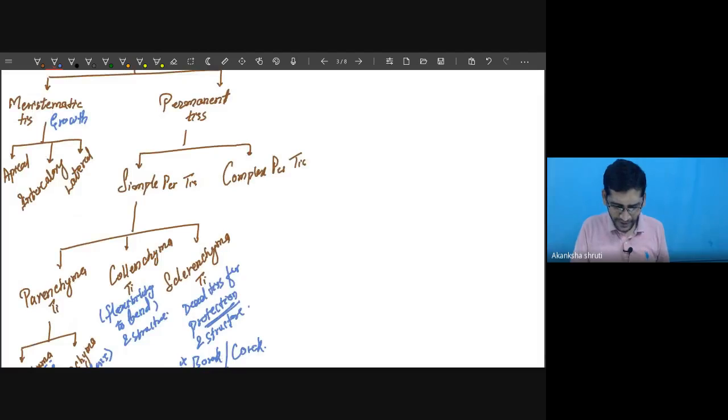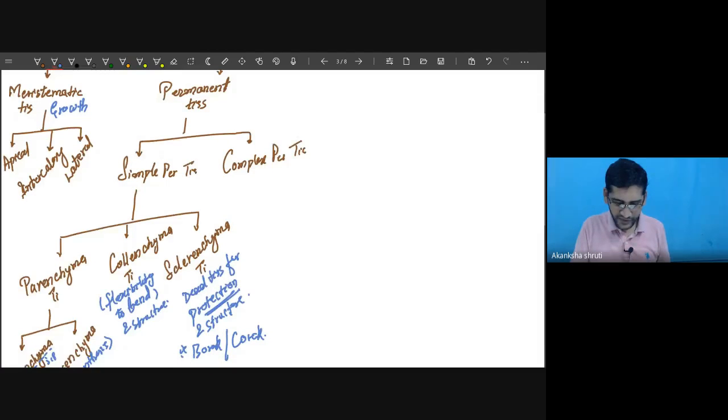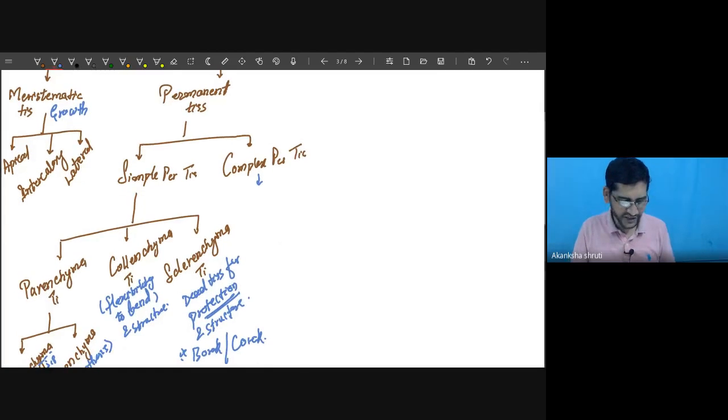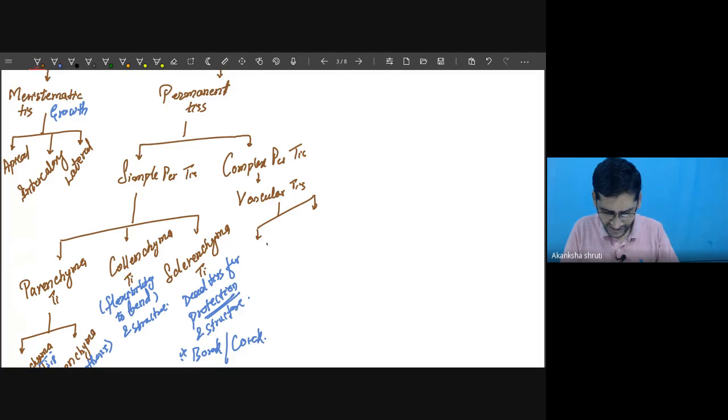Coming to complex permanent tissues, this is the vascular tissue. Vascular means for carrying food and water. These are of two kinds. One is called xylem.